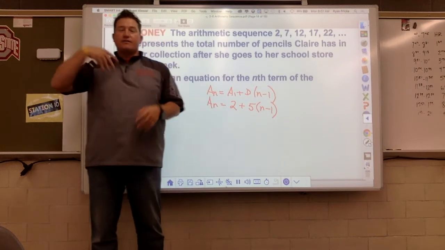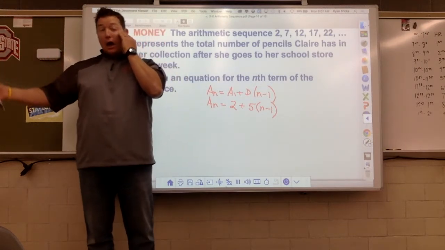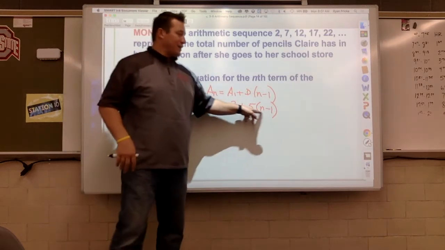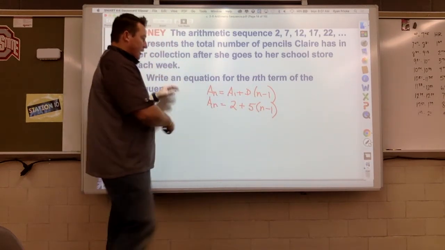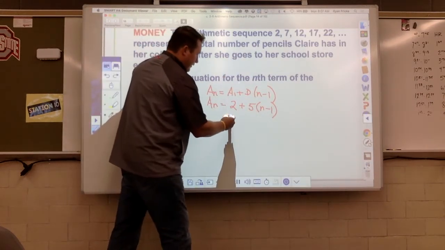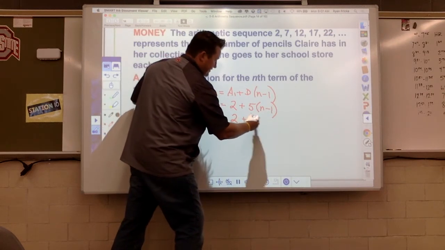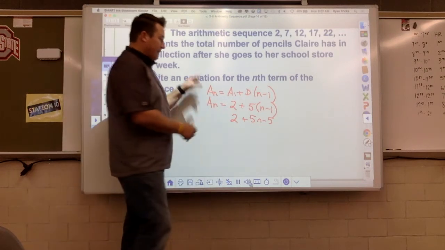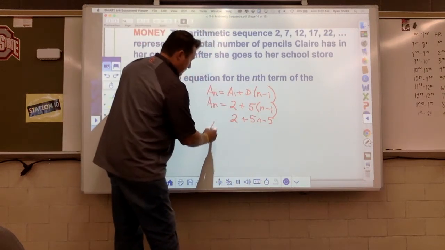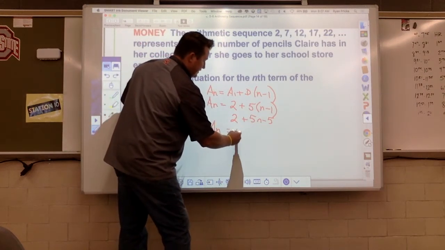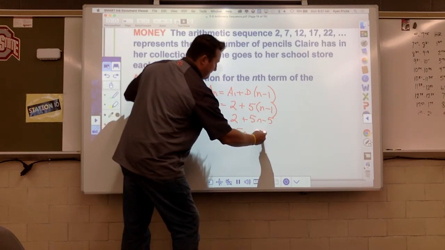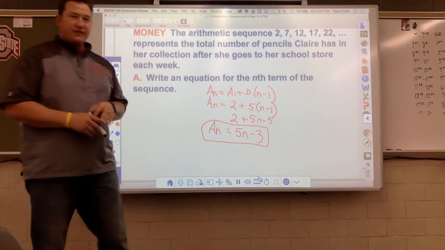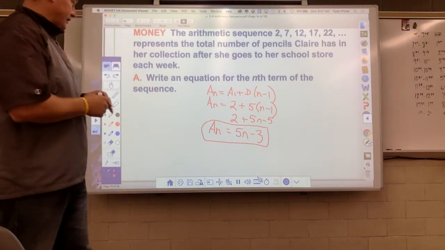Well, this makes us go back to the start of the sequence. That's why we do this. Again, we don't have to go over the intricacies of the formula, just trust it. Let's combine some like terms here, and we get the nth term of this sequence is equal to 5n minus 3. Bam, there it is right there.